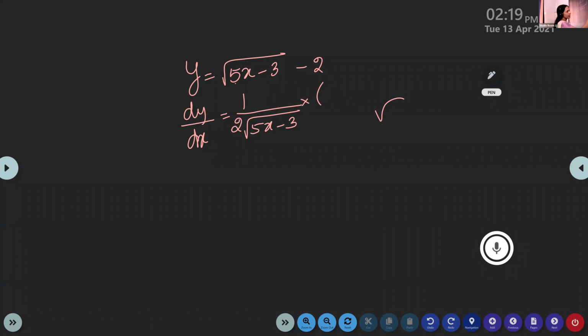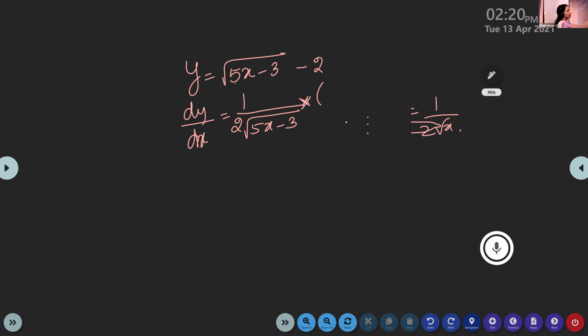If it is root x, the derivative is 1 by 2 root x. Listen, children. Instead of x within the root, we have some other function. So 1 by 2 root of 5x minus 3 into, in the place of x, we have 5x minus 3.